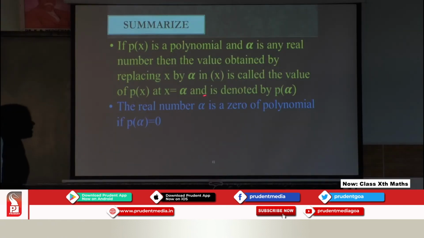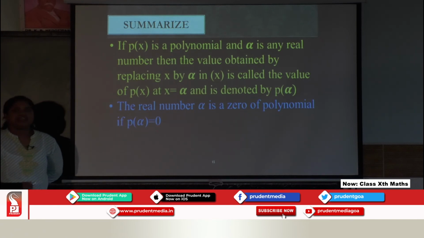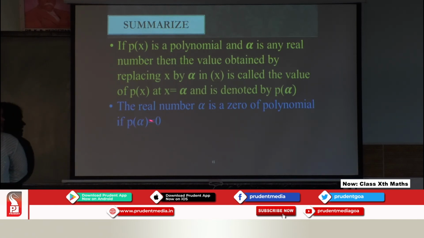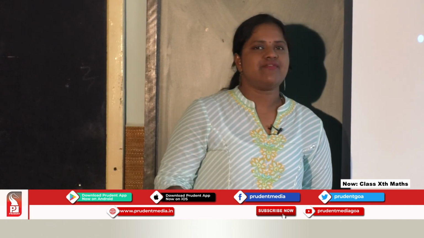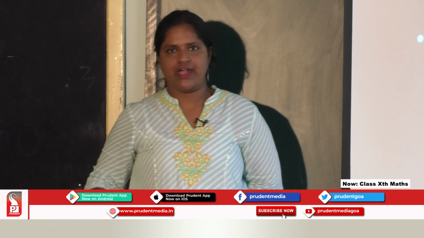Next point to focus upon: the real number alpha is 0 of polynomial if p of alpha is 0. So, in the first session we learned how to find p of alpha, where one polynomial is given and one alpha is given, and then we are supposed to find the value.